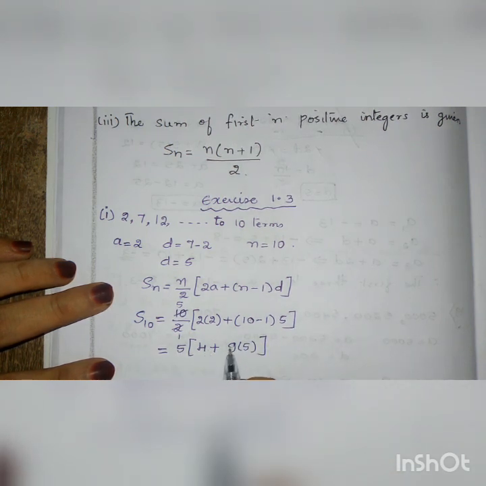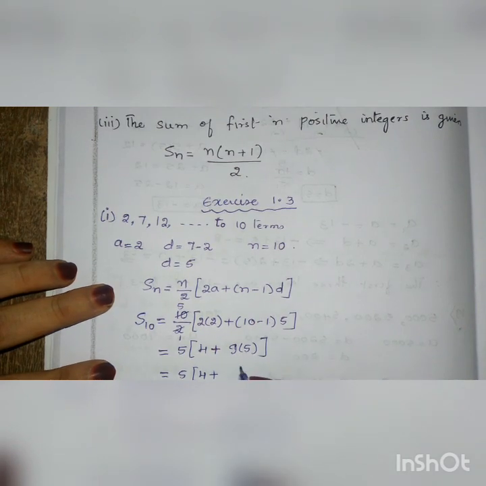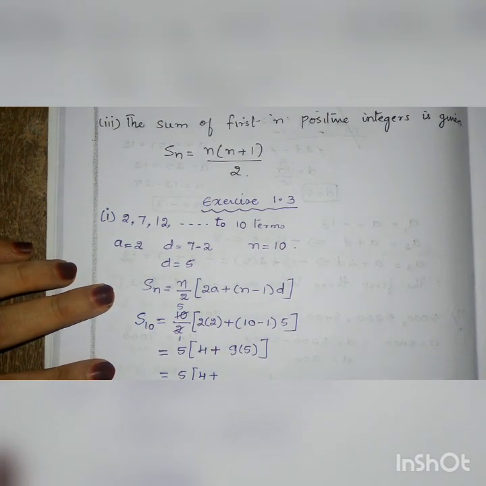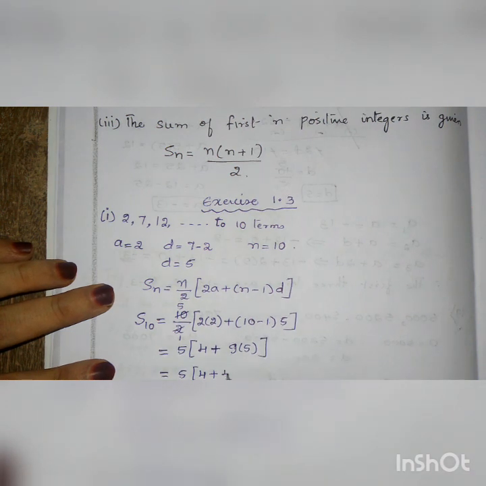Now we should never add 9 and 4, these are completely different terms. So 5 into [4 plus 9 fives], 9 fives are 45. So it equals 5 into (45 plus 4), which is 49.